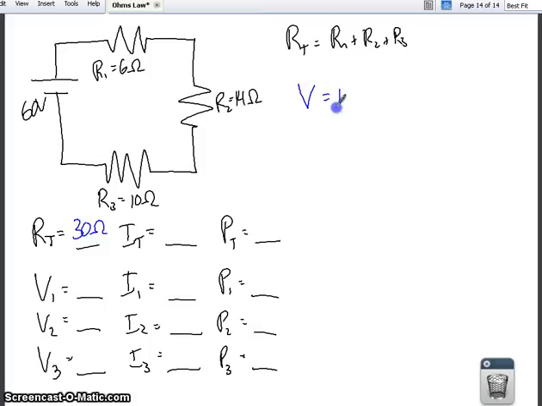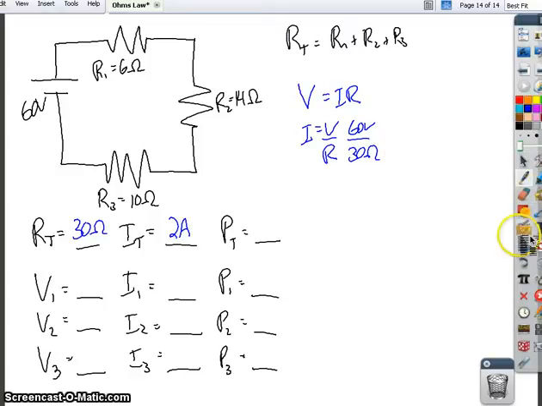So that's going to be V equals I times R, or I equals V over R. So our total voltage is 60 volts divided by 30 ohms, our total resistance. So our current is going to be 2 amps, just like in the last example, okay? That's our total current here.